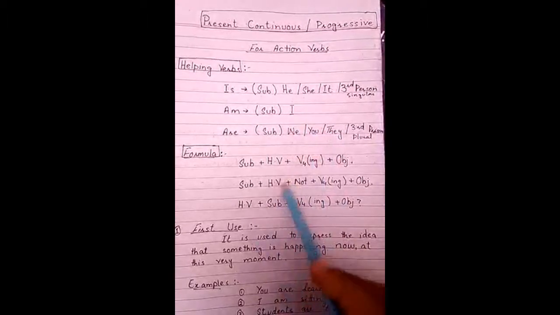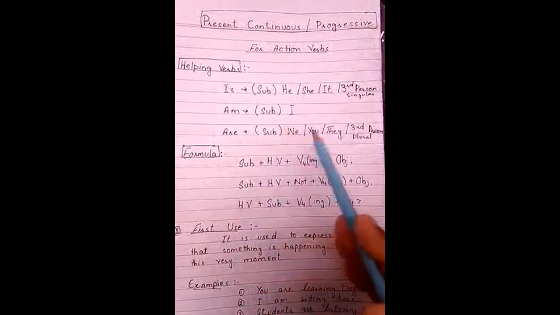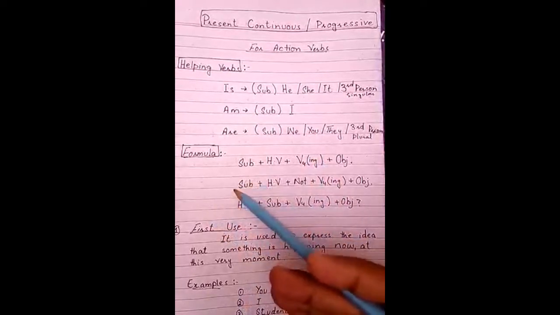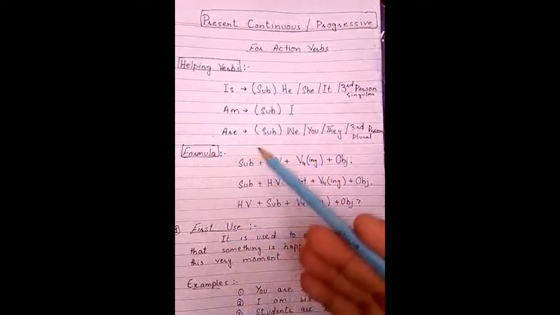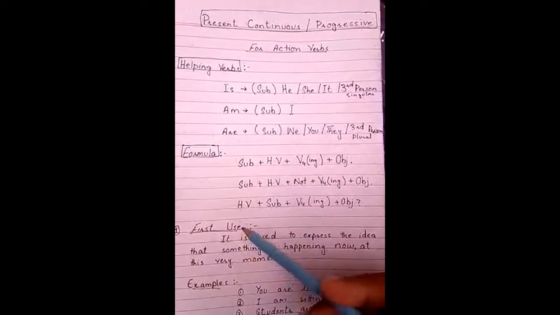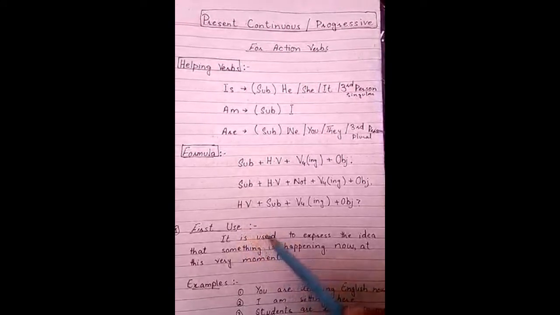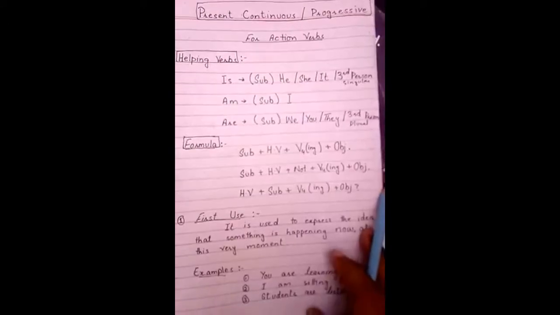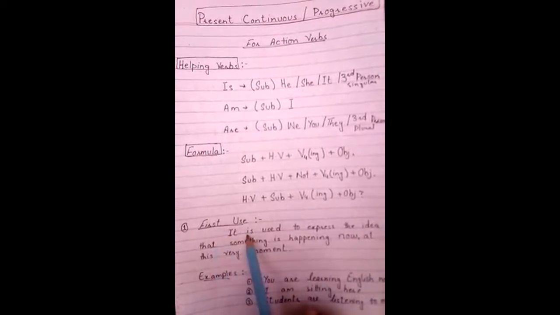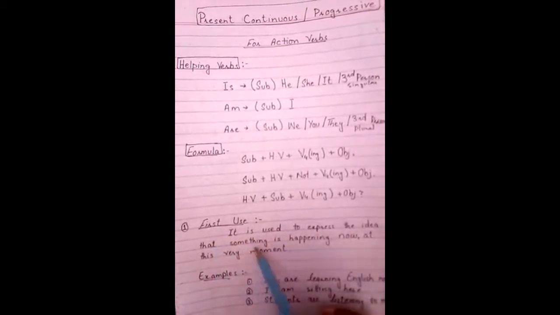Now I am telling you where we use present continuous tense. Basically, when we are in the middle of an action at the time of speaking we use present continuous tense. We have three uses of present continuous tense, and now I'll tell you one by one. This is the first use: it is used to express the idea that something is happening now, at this very moment.